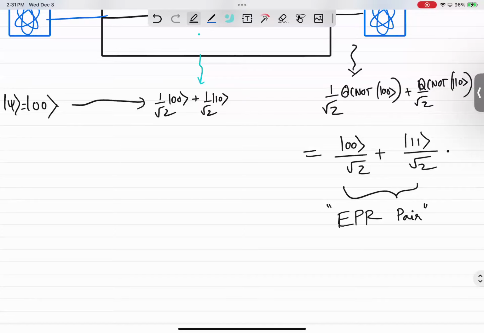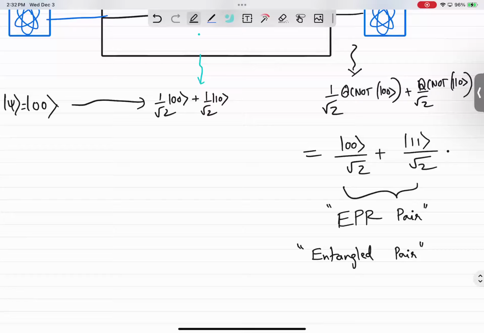And the state of the first qubit and the second are the same. That's 0, 0 versus 1, 1. Okay? And if you've ever heard the term entanglement, then this is the most entangled pair you can have. Okay? So somehow the first qubit state is intrinsically tied to the second qubit state.